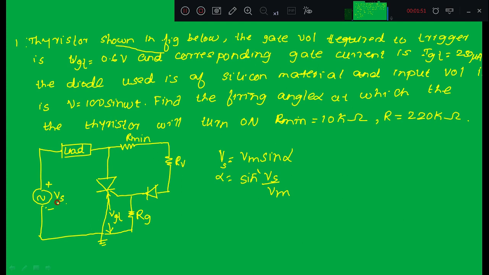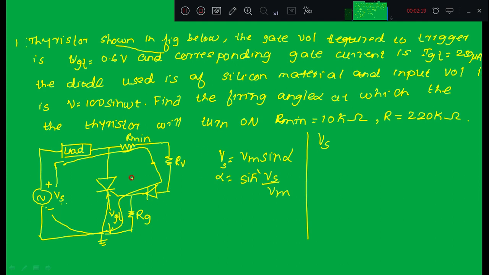If I apply KVL, I begin from plus Vs, and then the gate current IGT into R minimum, and then IGT into R, and then the cut-in voltage of the diode Vd, and then VGT, and then back to the supply. This is the way the current will flow.